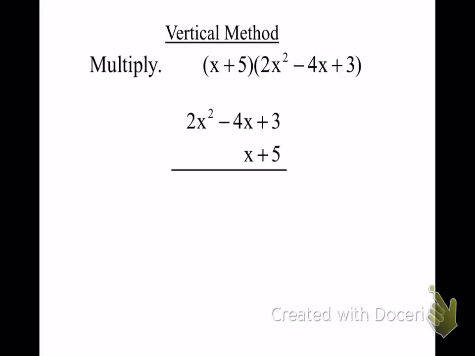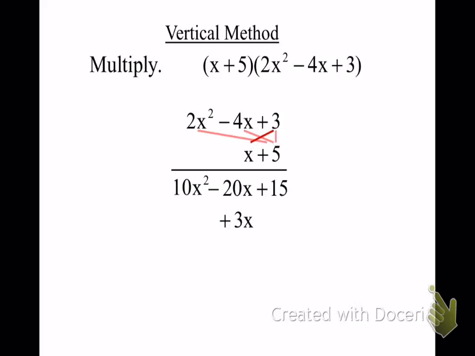So this is just like double-digit multiplication. I'm going to multiply 5 times 3 is 15. Next I'm going to multiply 5 times negative 4x. That's negative 20x. 5 times 2x squared is 10x squared. Now I'm going to take x and multiply it by everything. X times 3 is 3x. Now I'm going to line it up where my like terms are. So I'm going to put it in the pile where negative 20x is.